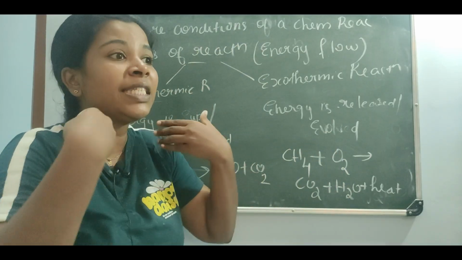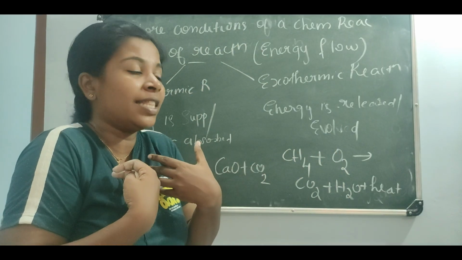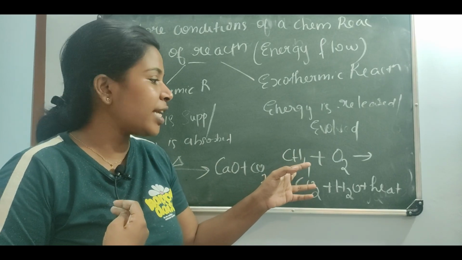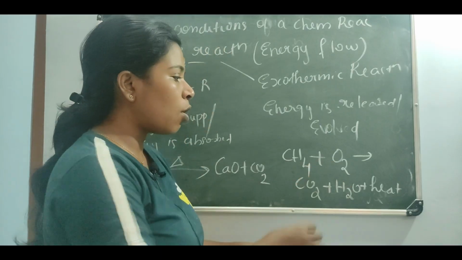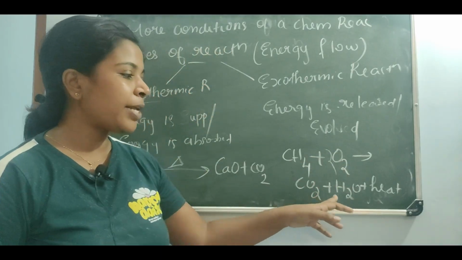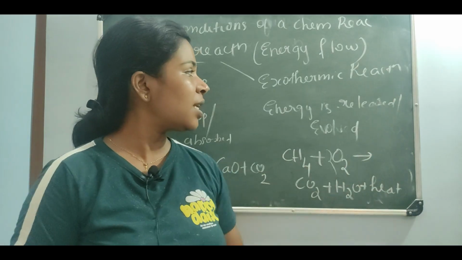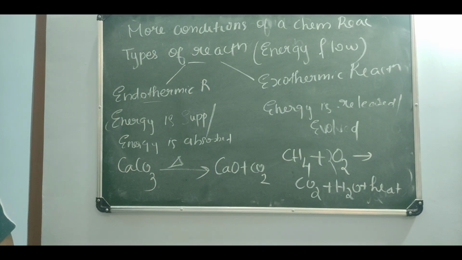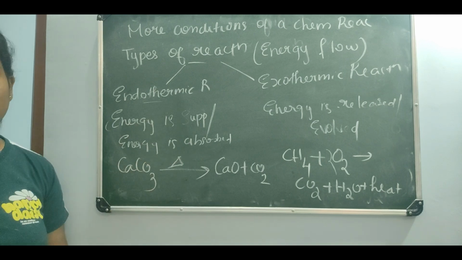So heat is getting released, that is why we are getting that. So burning of natural gas combines with oxygen to form carbon dioxide plus water plus heat. This is an exothermic reaction. Understood? So these are the two types of reaction based on energy flow.